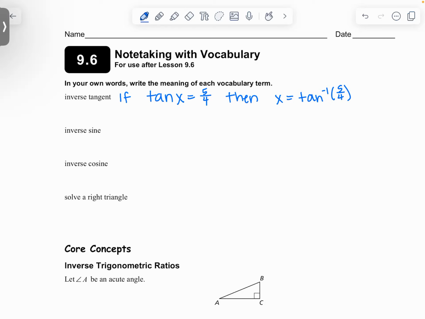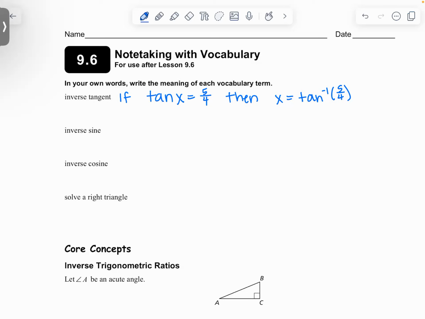Okay. And what I want you to do, I want you to get your calculator. I want you to find the tangent button. When you find the tangent button, do you see the tan^-1 right above it? Is that what we just wrote down on our paper?